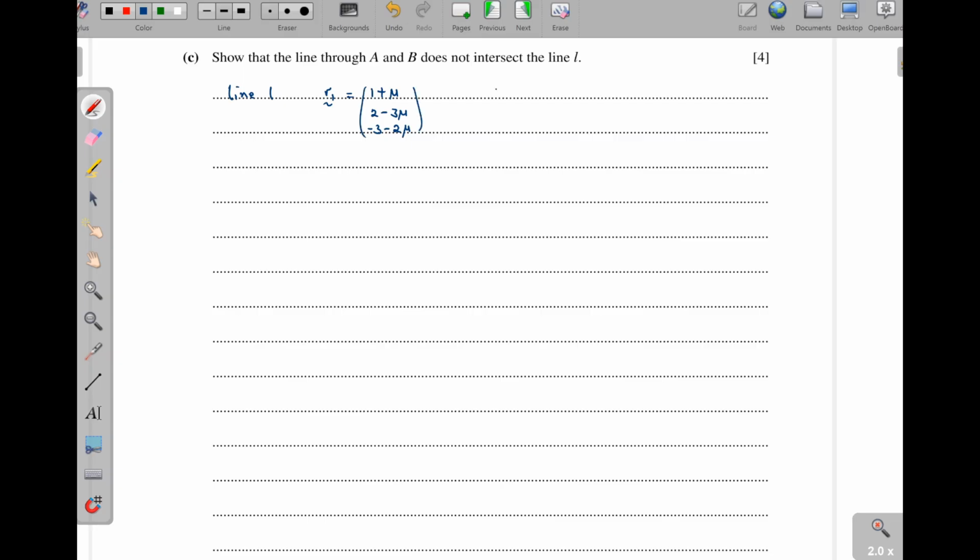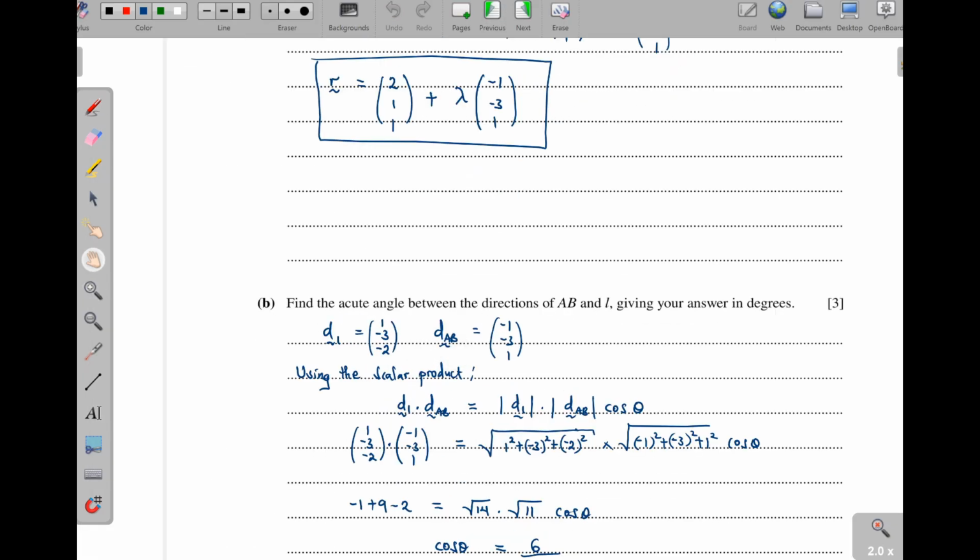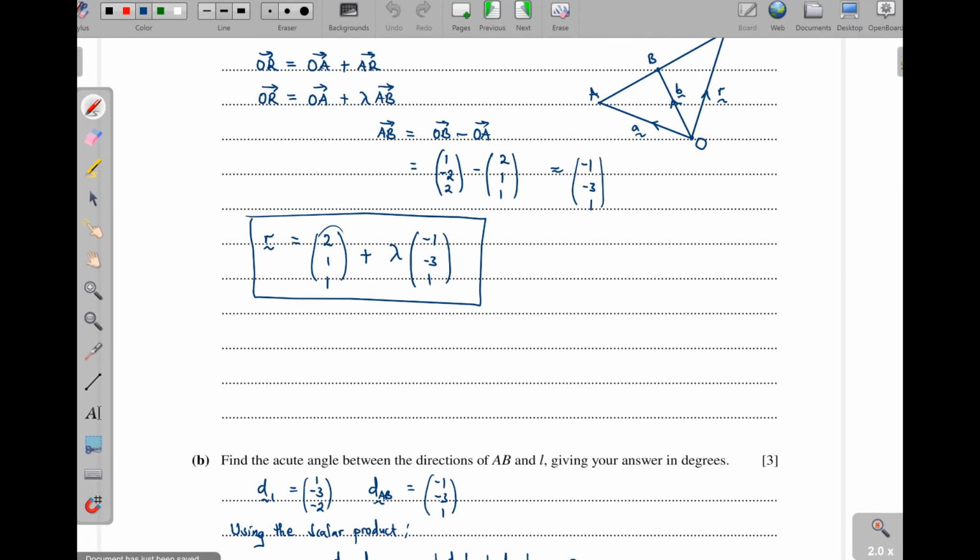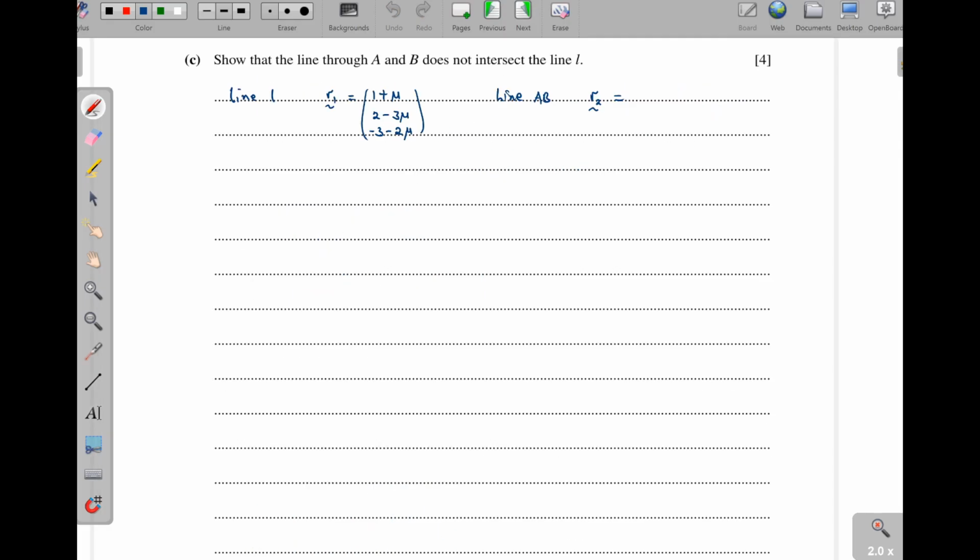And then for the line AB, I will say this is R2, which is equal to, when we look at this one here, 2 minus lambda, then 1 minus 3 lambda, and then 1 plus lambda.